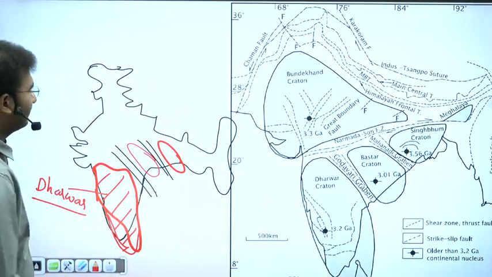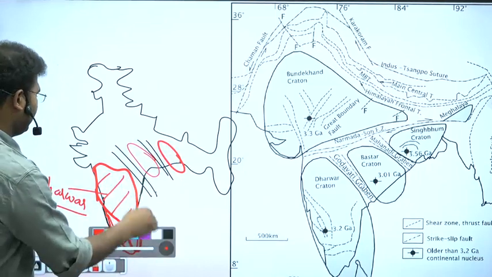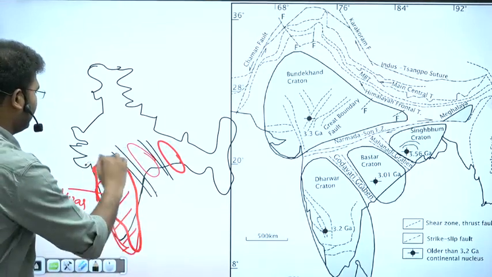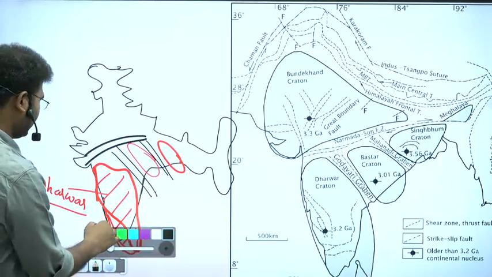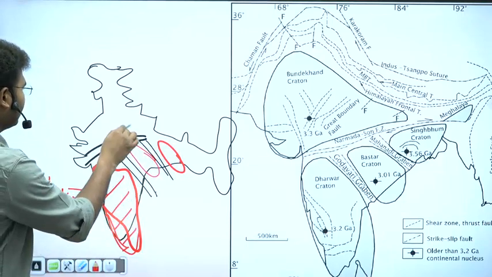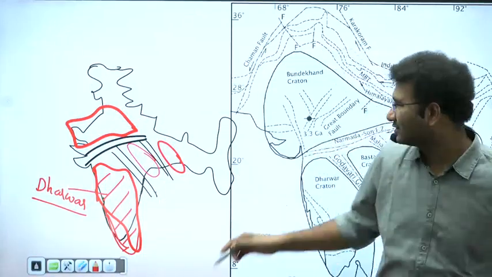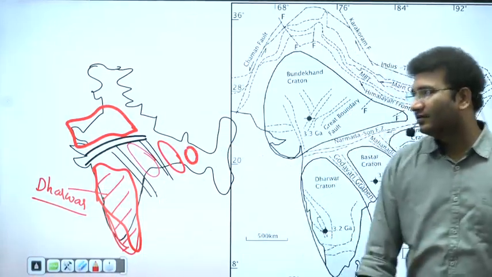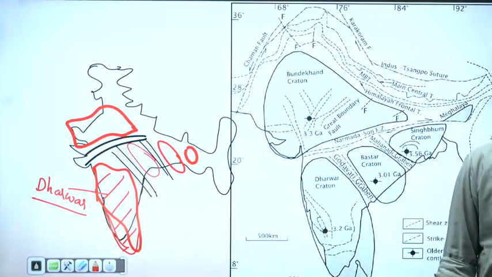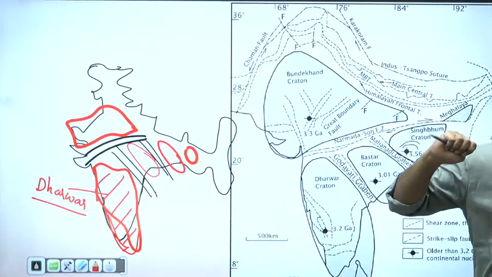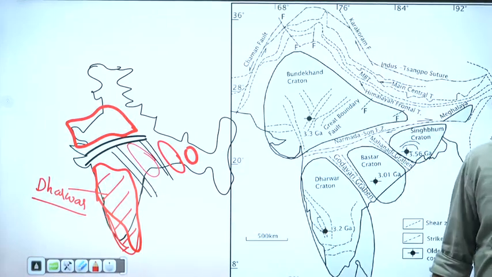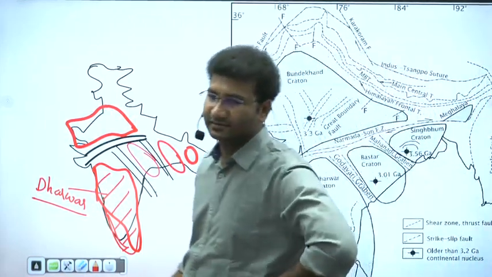Singbhum craton. And in between, you look here, you also have the Bundelkhand craton. And the last one is the Meghalaya craton. So India is a collection of 5 major cratons. Right? These are the original land masses.